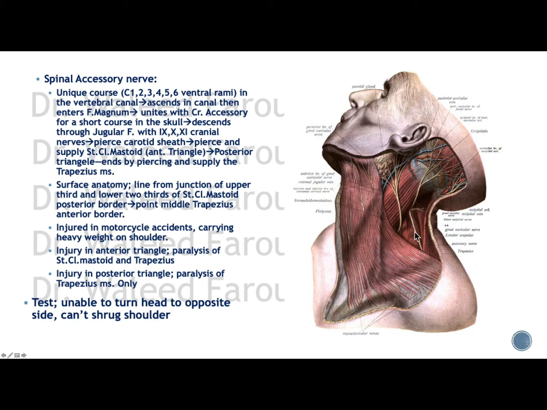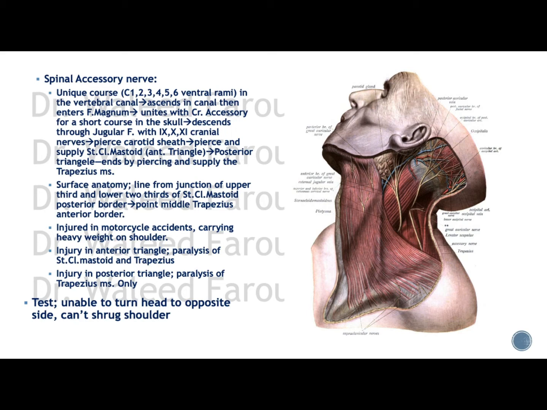This is the spinal accessory nerve. I told you before that some books consider this not part of the superficial fascia, but between the superficial and the investing layer. Whatever, it doesn't make a difference. It is superficial, so it's liable to injury.